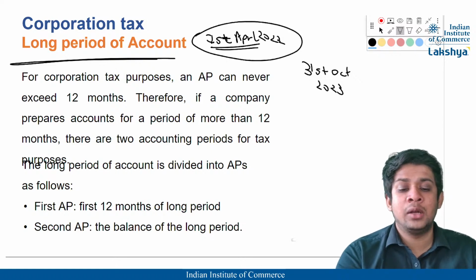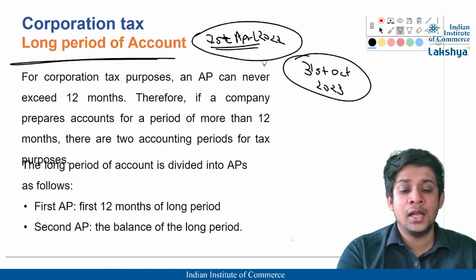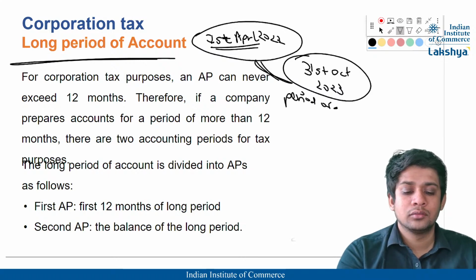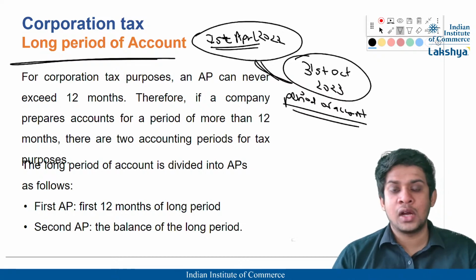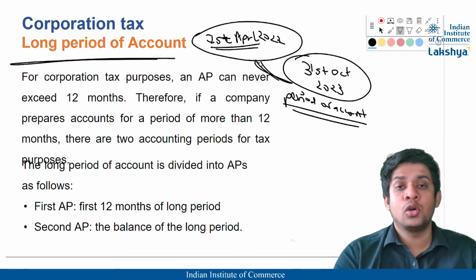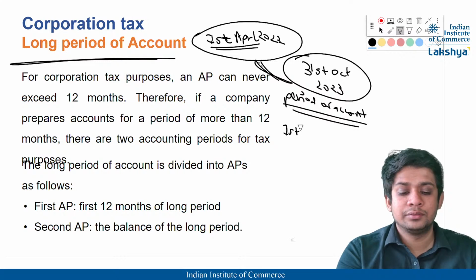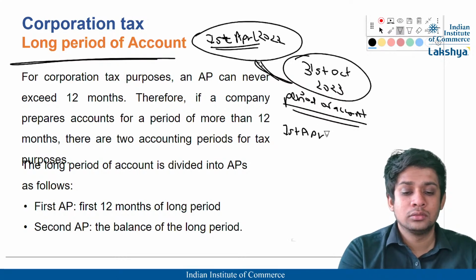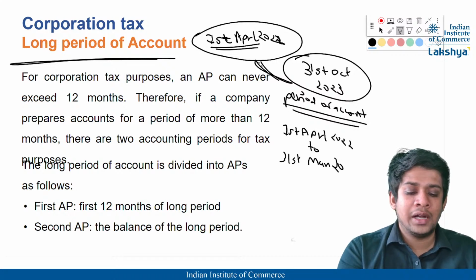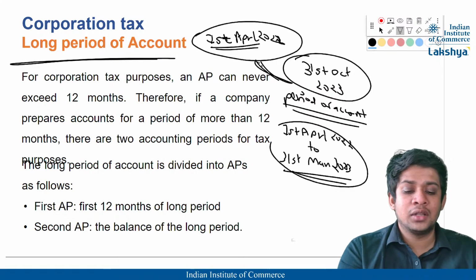From 1st April 2022 to 31st October 2023, this is known as my period of account, guys, and this is a more than 12-month period, correct? So that means from 1st April 2022 to 31st March 2023, this is a 12-month period.